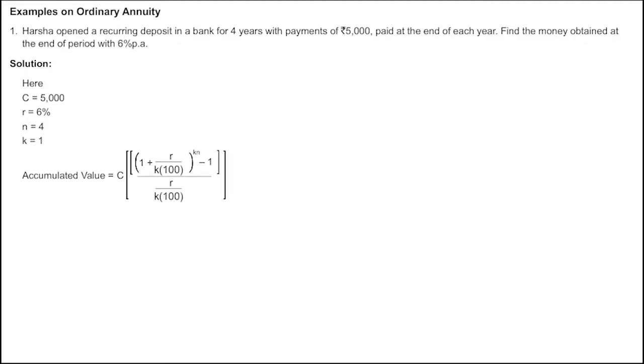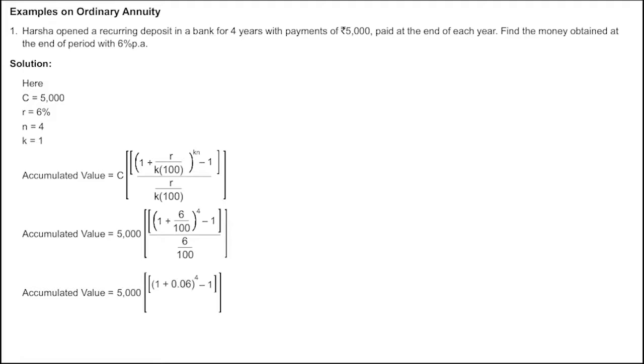Now substituting the relevant values of C, R, n and K, we get 5,000 [(1 + 6/100)^4 − 1] upon 6/100, because the value of K is here 1, which further when simplified we get 5,000 into [(1 + 0.06)^4 − 1] upon 0.06. 1 plus 0.06 is equal to 1.06.